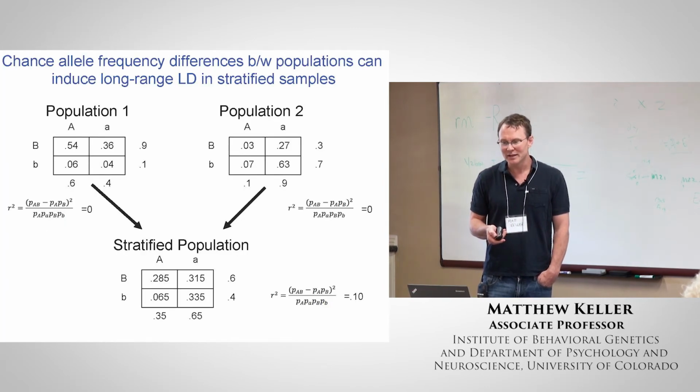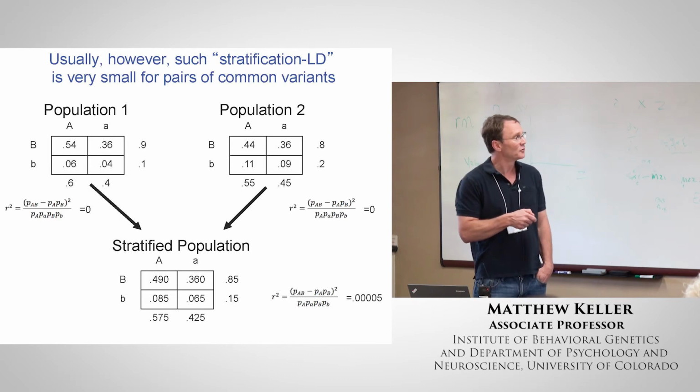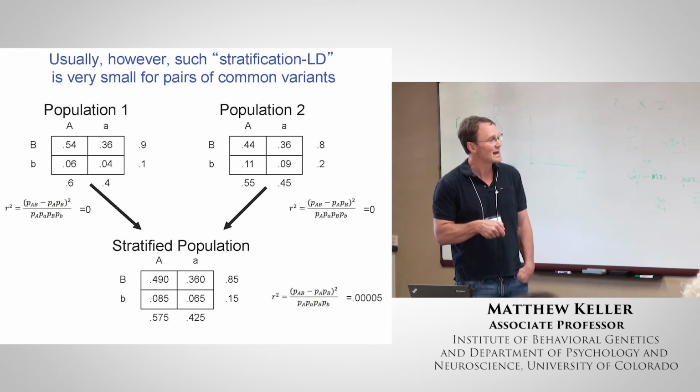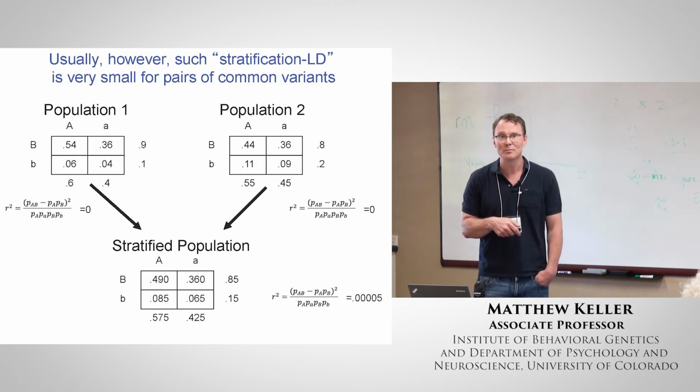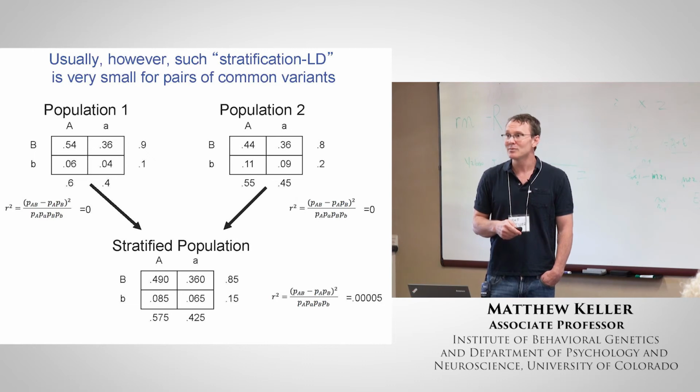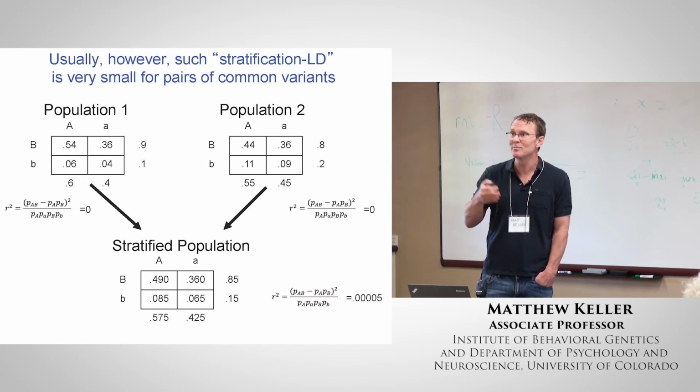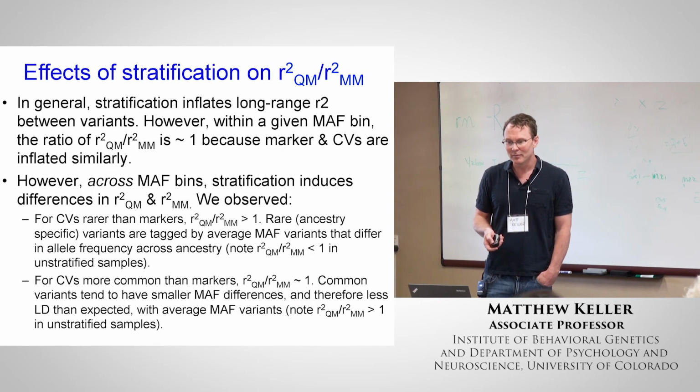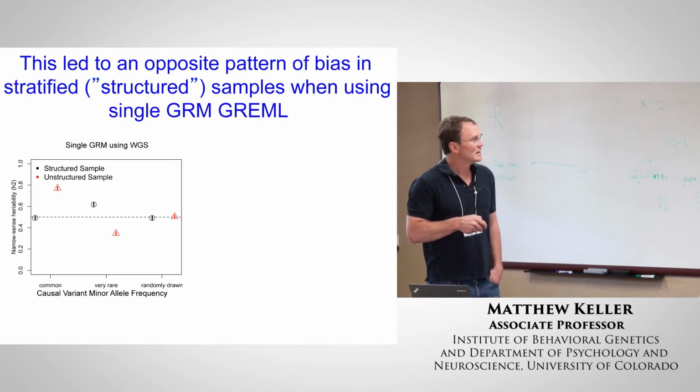I'm not going to have time to explain exactly why that happens, but if you have allele frequency differences between populations, that will in itself induce long-range linkage disequilibrium between markers. That can be a real problem, but because this is being driven by MAF differences, if you partition by MAF, it turns out that doesn't create biases anymore. Let me just real quickly, this is kind of weird.